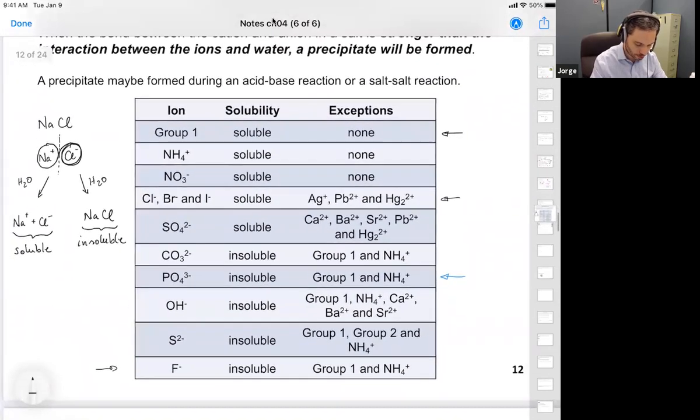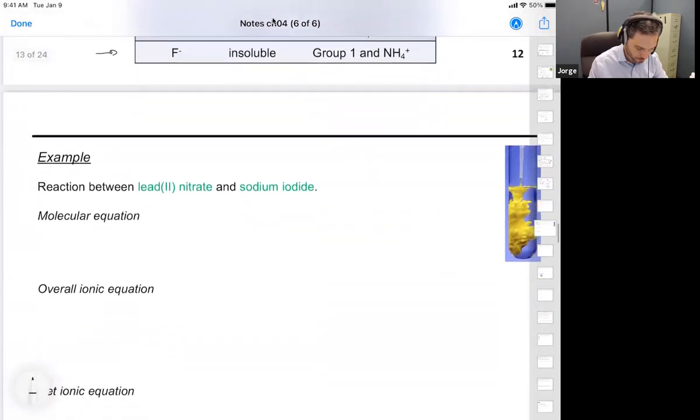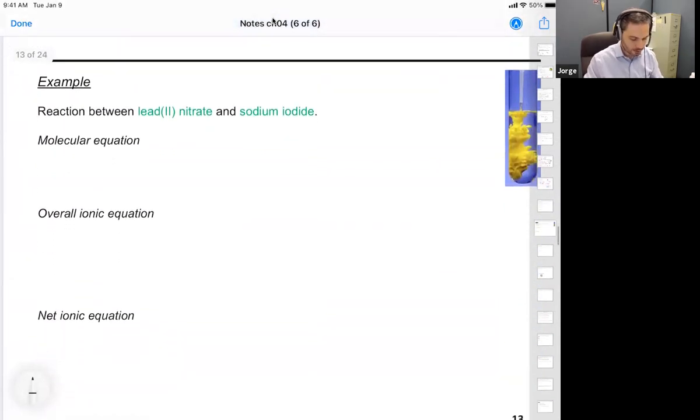You don't need to memorize the table. You can always refer back to the table, so that's going to be your supporting material. I don't have time to start the next topic, but that's going to be our goal on Monday.